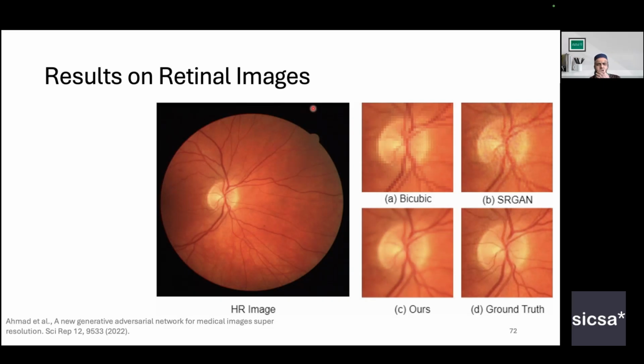So in terms of results, if you can see on my screen, here is the high resolution image on the left side. There are a few techniques that we are comparing with. So we can clearly see that the upscaling or the conversion to the high resolution by this particular method is resulting in an image which is relatively closer to the original high resolution data.